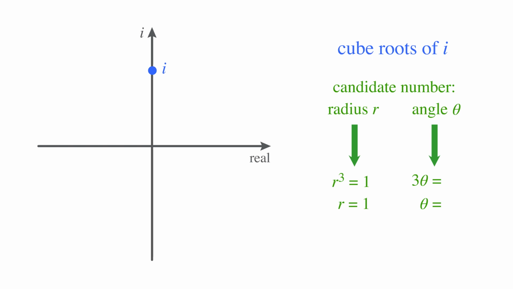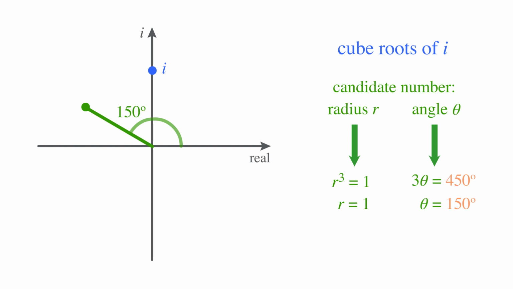Suppose we have a candidate number for a cube root, and when we verify it by taking the third power of it, it winds past one revolution and then lands correctly. That means after the third power was taken, the resulting angle was 450 degrees. Working backward, that means before computing the third power of it, the angle must have been a third of 450, which is 150 degrees.